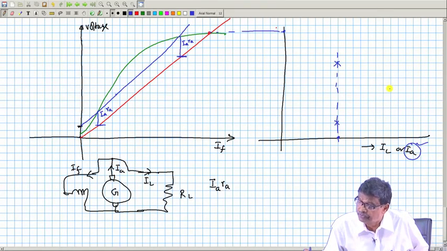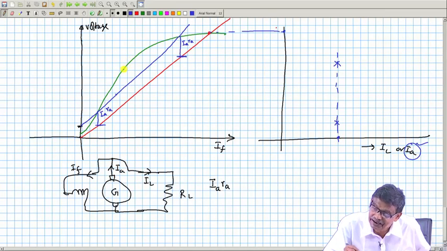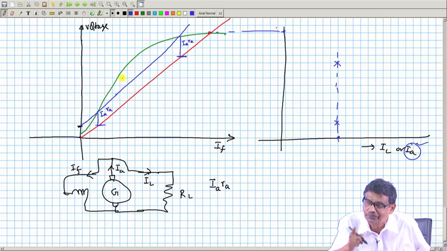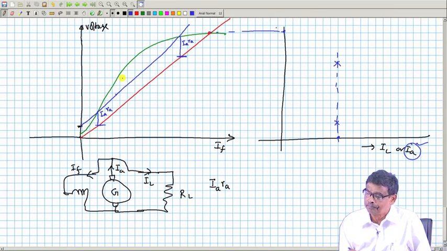Now, the point of return will be a parallel line IA RA, which will be parallel to the field circuit resistance line, but tangential to this. Then only you will get one unique value.